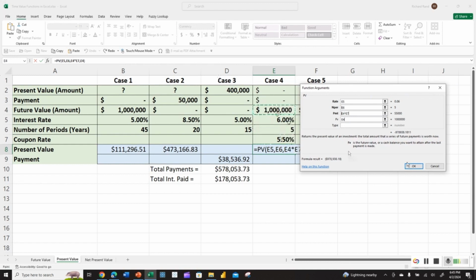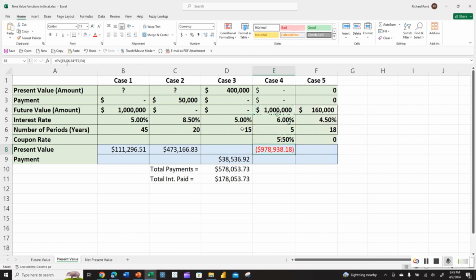So when we put all that together, it tells us that that bond today would sell for $978,938 on the market. It's going to have a discount of about $21,000 on that bond because the market rate out there available today is higher than the coupon rate that this bond is going to be paying.